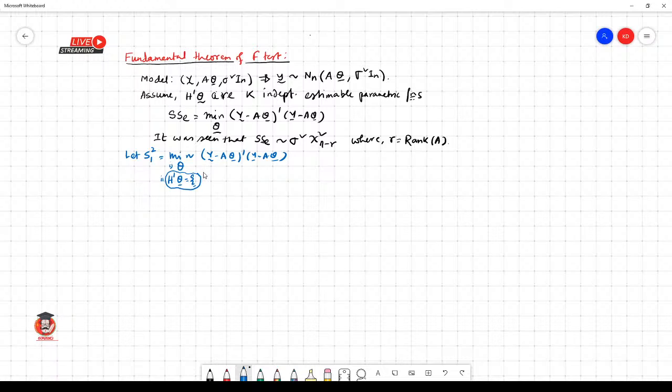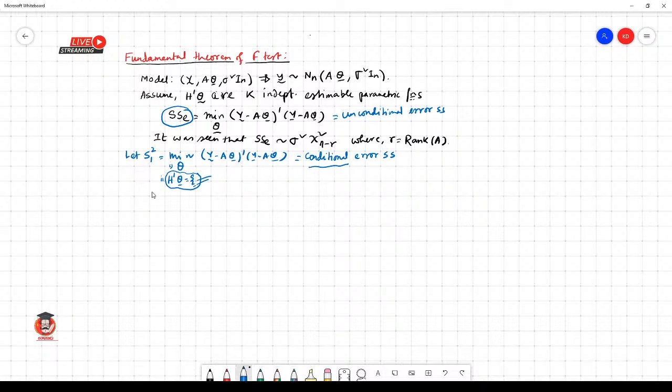So this S1 square is called the conditional error sum of squares. So this is the unconditional sum of squares due to error. Why is it conditional? Because of this condition.